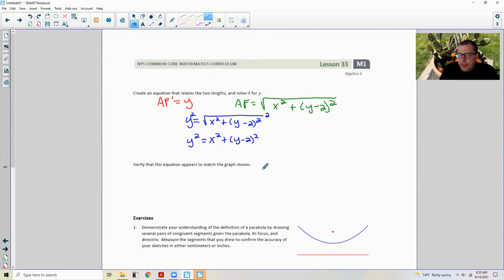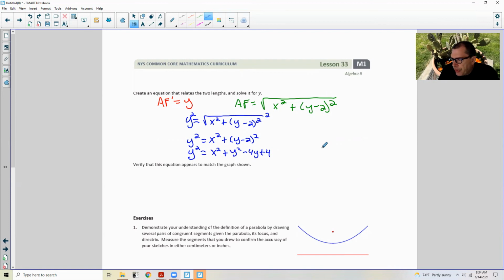Okay, and then I'm going to do the distributive property here. So I'm going to write y squared equals x squared plus y squared minus 4y plus 4. All right, so now I'm going to subtract y squared over to the other side, and we're going to get 0.